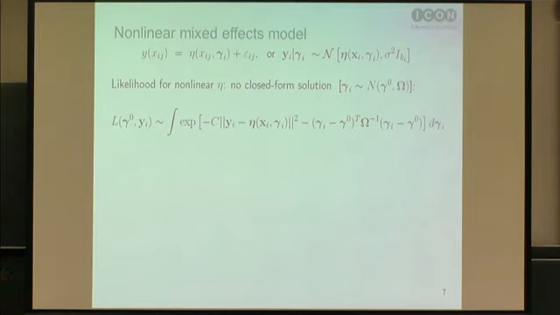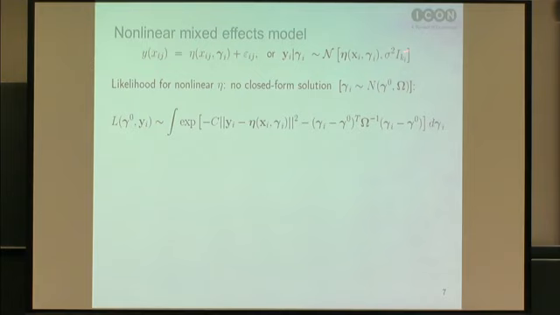So the simplest nonlinear mixed effect model is given here. We can write it in a vector form. So given individual parameter vectors gamma, we have a normal distribution with given mean and variance covariance matrix.